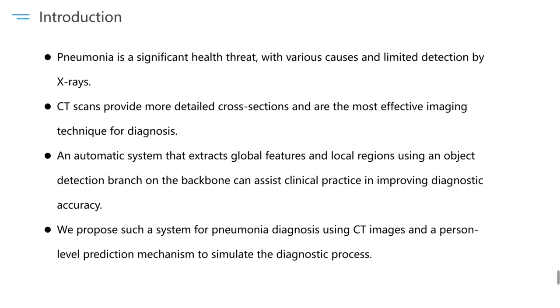By fusing global slices and local regions information, classification results can be obtained for each slice. Finally, a person-level prediction mechanism is designed to simulate the diagnostic process in clinical operations for a full chest CT sequence.